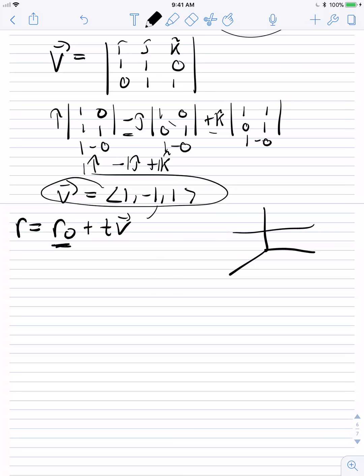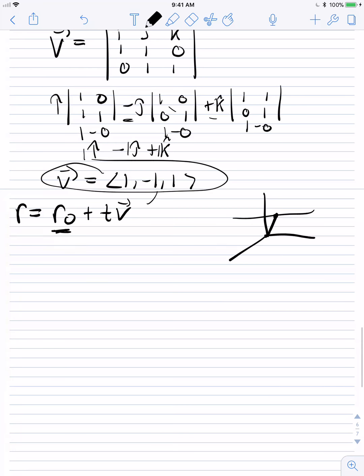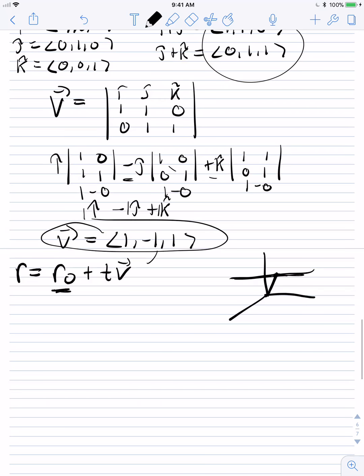And we have r naught, which is a vector pointing to some generic point on the line. And then we have our plus t, where t is just a constant coefficient saying how big our line is going to be. And v is a vector that is perpendicular to i plus j and j plus k, but it's also parallel to this line, because this line is also perpendicular to i plus j and j plus k.